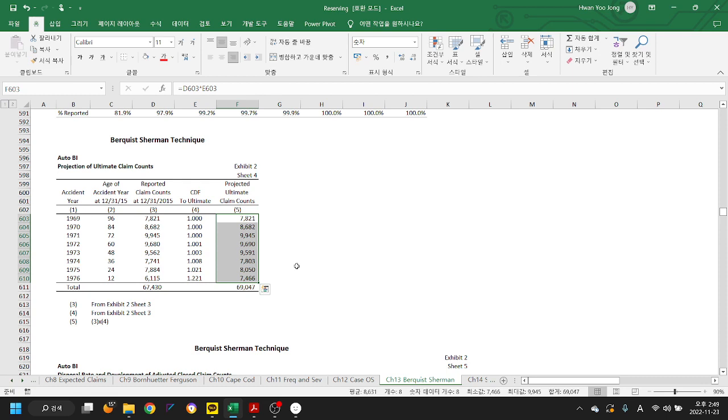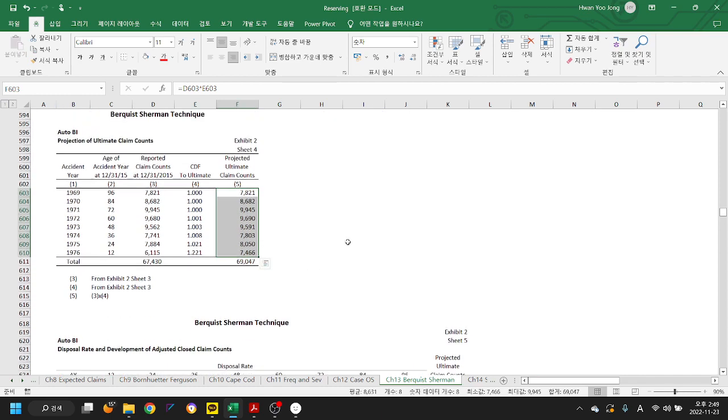So in practice, I would probably compare those two. Like with PLDM and ILDM, there might be a significant difference between the ultimate claim count based on closed claim count and reported claim count. But here, the authors, Berquist Sherman, just estimated the future claim count based on reported claim count.